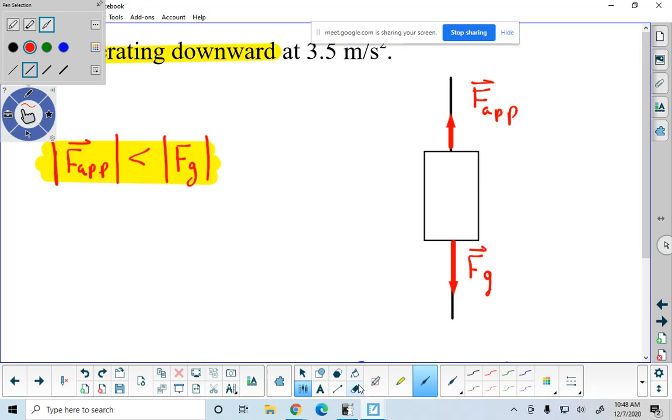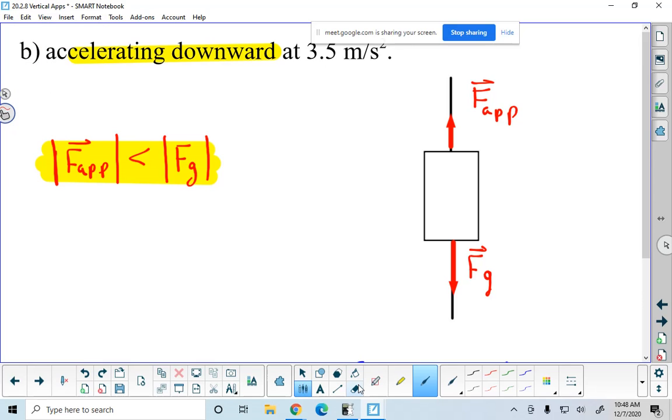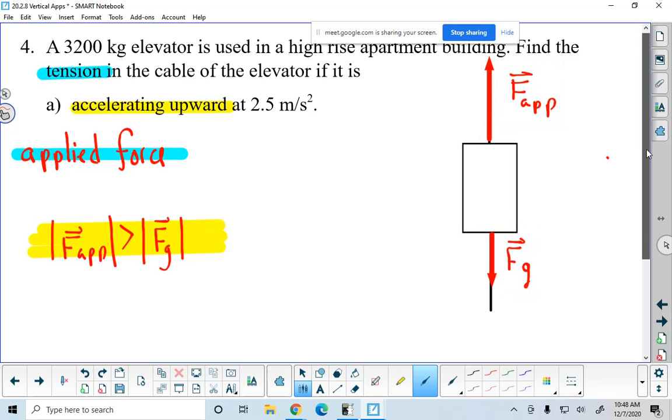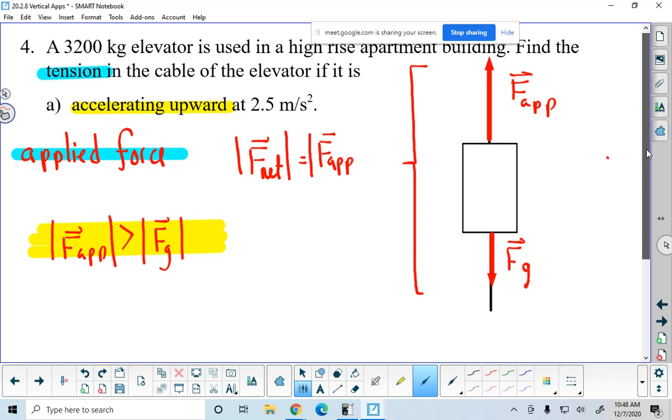Now, before we move on and talk about C, let's talk about these in more detail. If the elevator is accelerating up, that means the net force is up. And looking at this diagram, the net force would have to be found by taking the applied force and subtracting the force due to gravity.